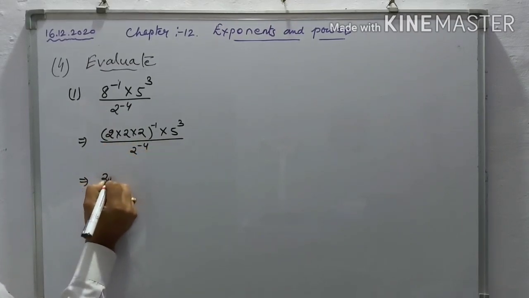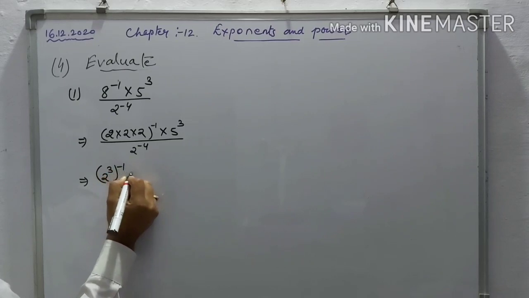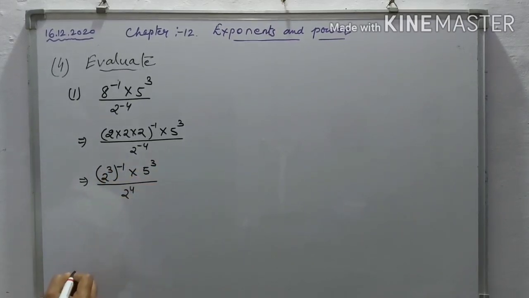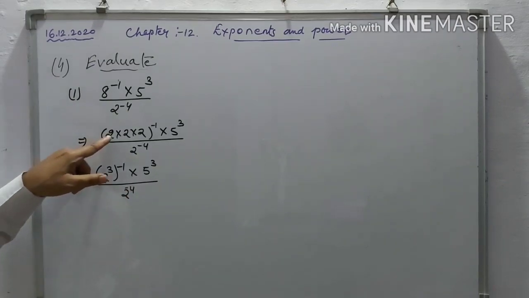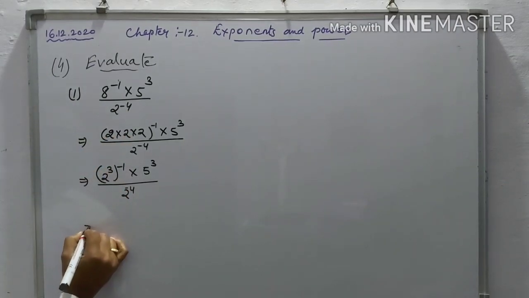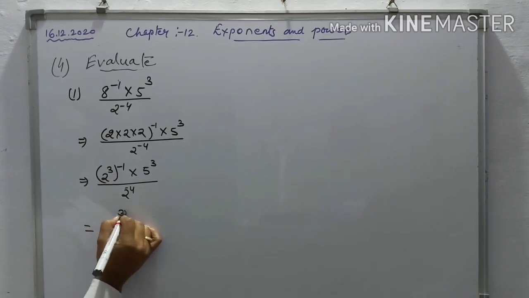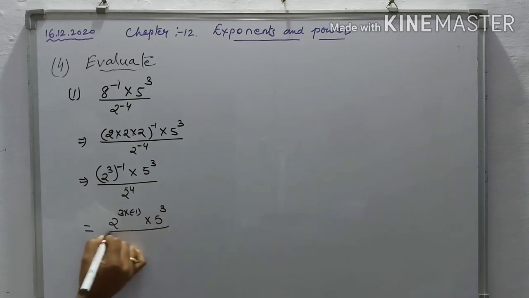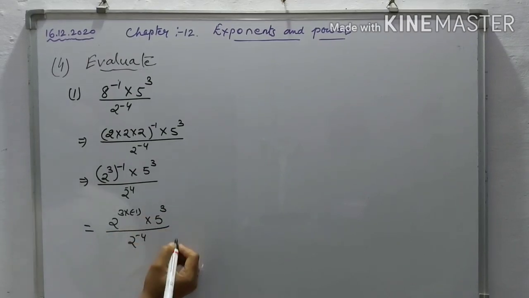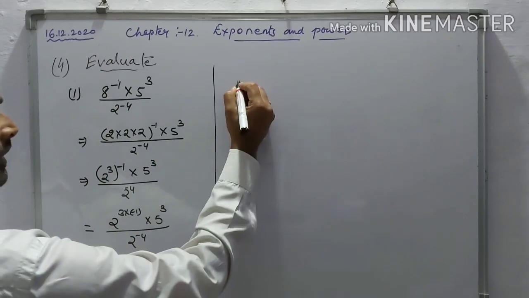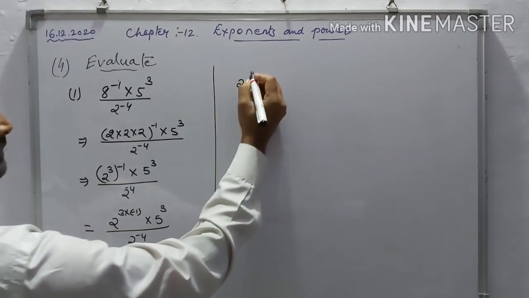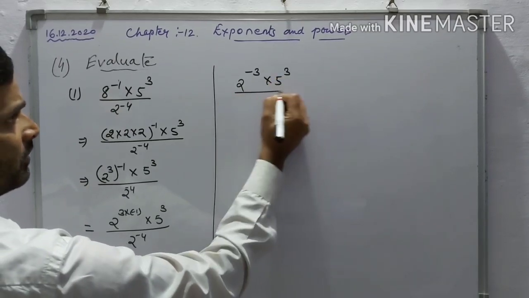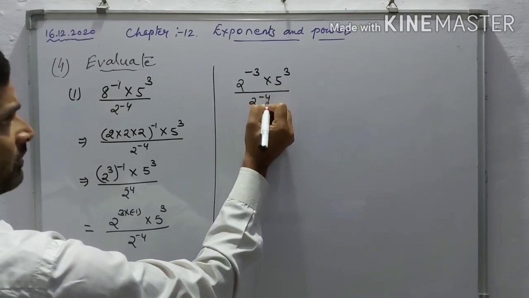Then here is (2 to the power 3) whole power -1 into 5 to the power 3 upon 2 to the power -4. Okay, 3 times the 2 power 3. Then 2 to the power 3 into -1, that is 2 to the power -3, into 5 to the power 3 upon 2 to the power -4.